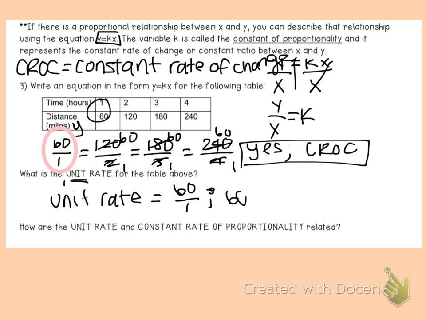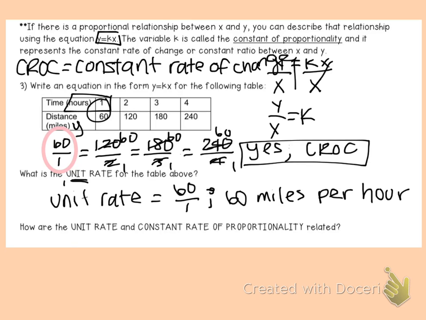So 60 miles per what? What does 1 represent? 1 represents hours. 60 miles per hour.